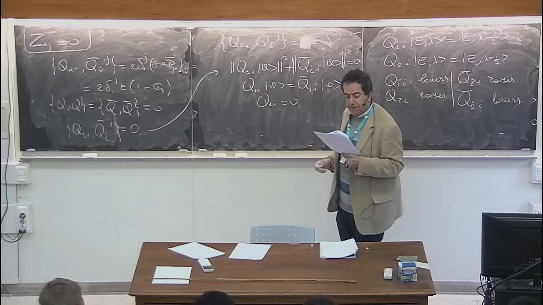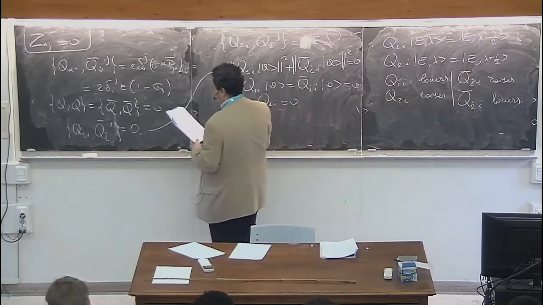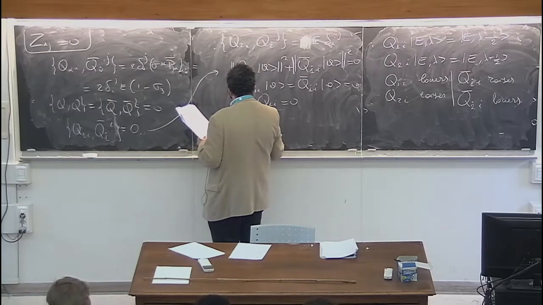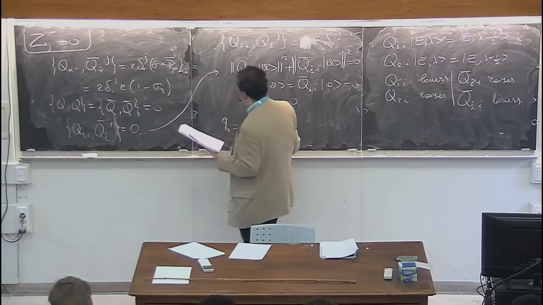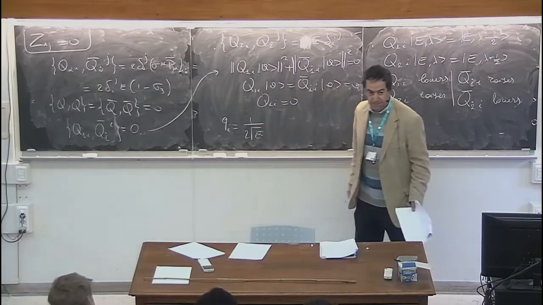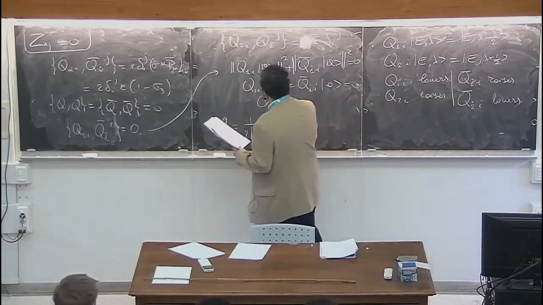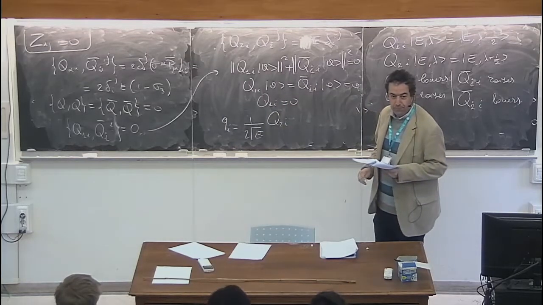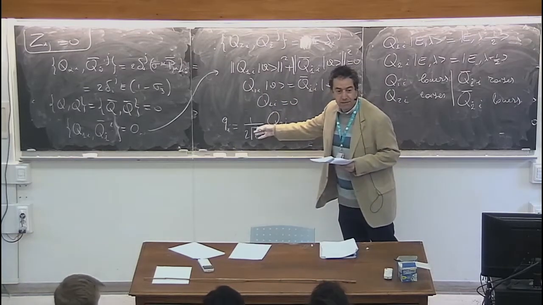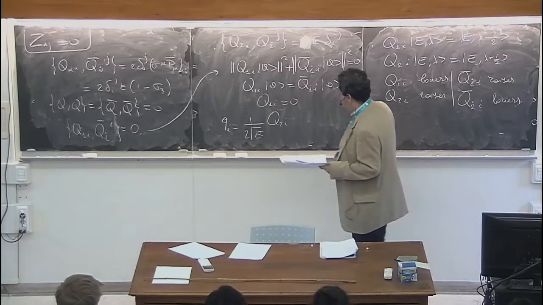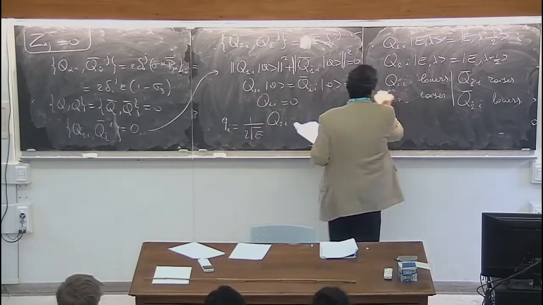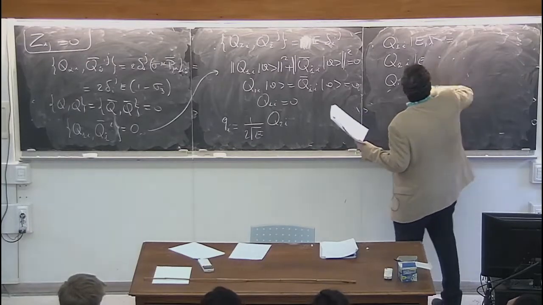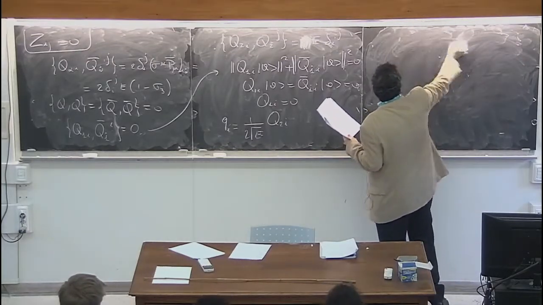We are left with the other. Define Qi as 1 over twice square root of E. Remember, E is non-negative. Times Q2i. Just define these generators, and they satisfy the following anti-commutation relations.